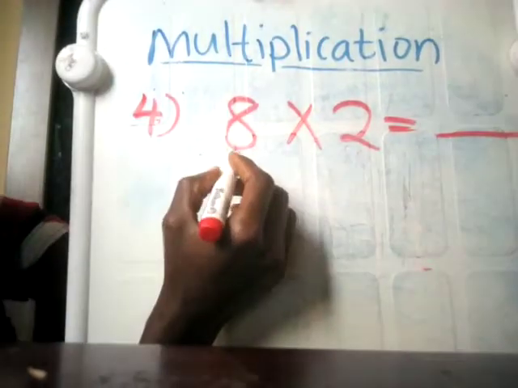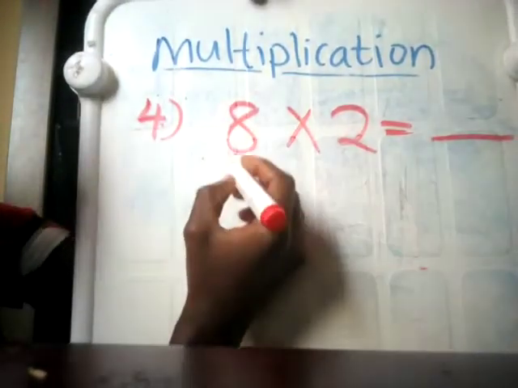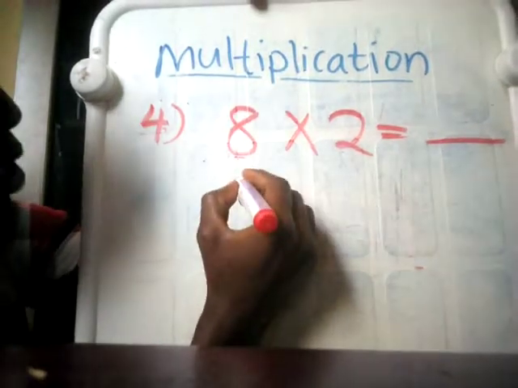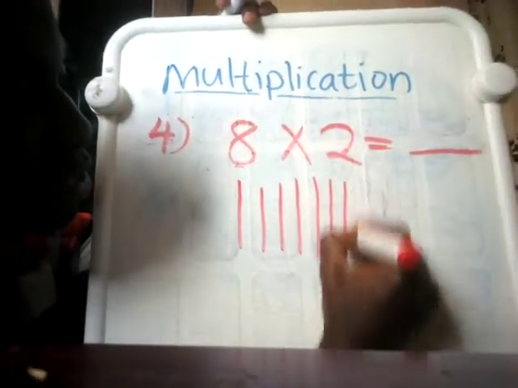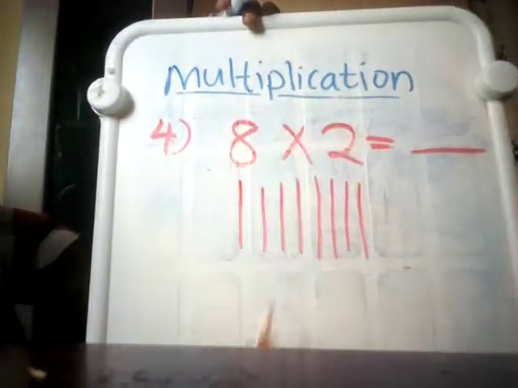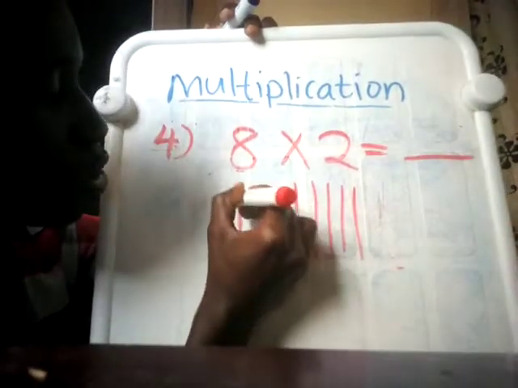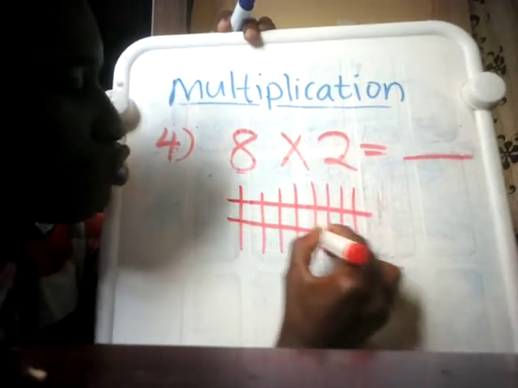So this means we are going to do 8 columns. So let's go, 8 columns: 1, 2, 3, 4, 5, 6, 7, 8. Then 2 rows, 1 and 2.